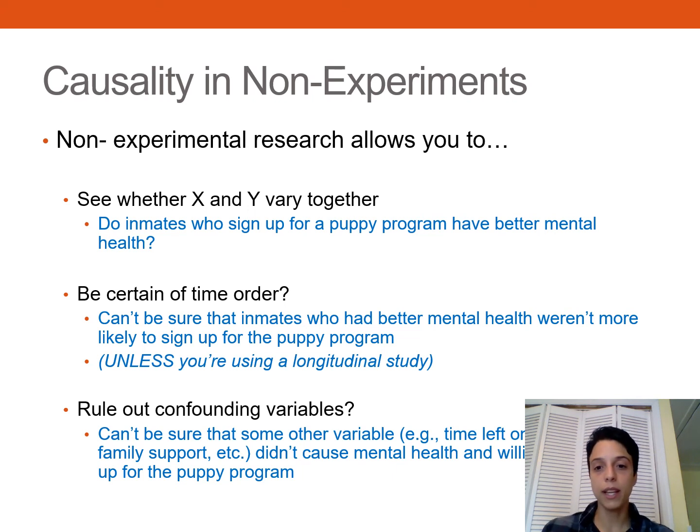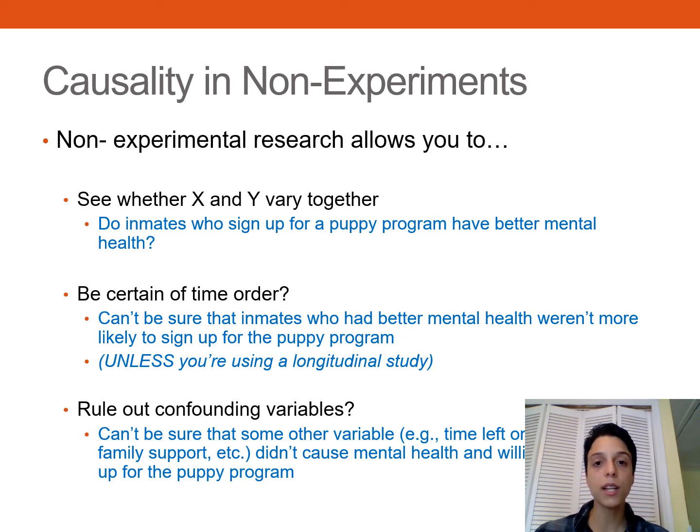It could also be something like time left on the clock, and that could affect whether somebody engages in the program and also what their mental health is. So with a study like this, you also can't rule out that some other variable caused people to sign up for the program or have better mental health.